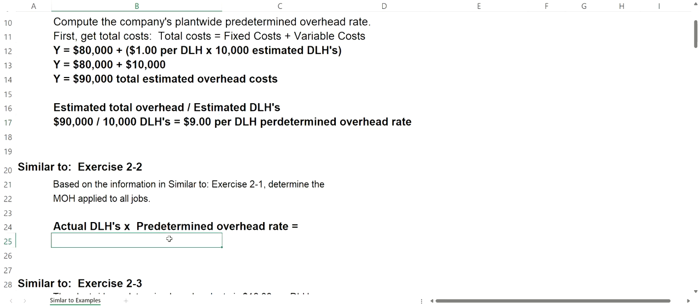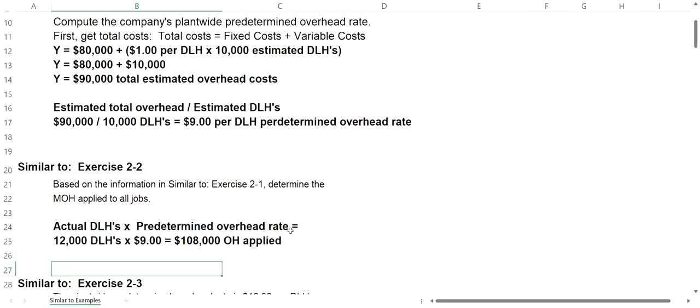Okay, so my actual direct labor hours was 12,000 direct labor hours times $9. And therefore, I come up with 108,000 even as my overhead applied. So that's how you would determine how much overhead would go to each job.